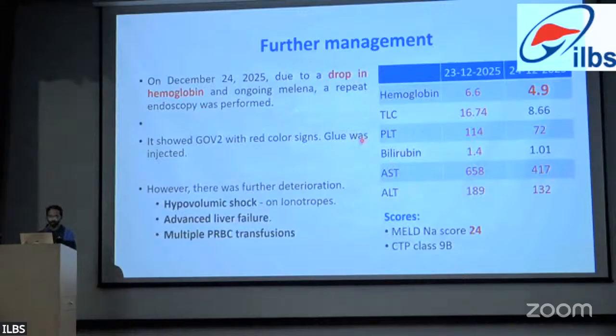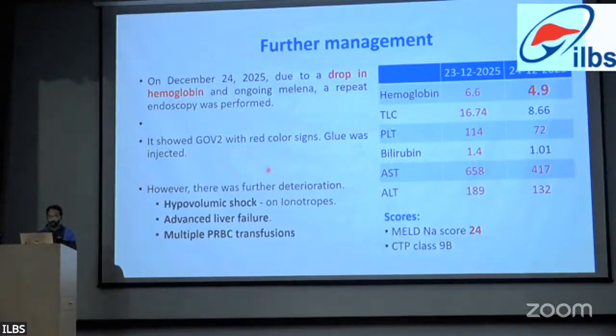However, subsequently on the next day, it was seen that there was a further drop in hemoglobin and ongoing melena. The hemoglobin dropped on the 23rd from 6.6 grams to 4.9 grams. The AST/ALT were 417 and 132 on the 24th of December. The next endoscopy was done, which showed GOV2 features with red color signs, for which glue was injected.